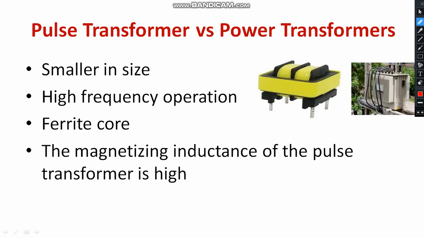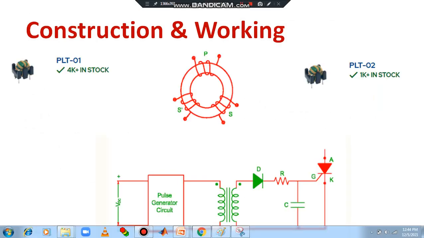Because the pulse transformer ensures high frequency operation, a ferrite core is convenient for it, whereas in a conventional transformer the silicon steel core is suitable for low frequency application. One more important thing, the magnetizing inductance of a pulse transformer is very much higher compared to the conventional type of transformer. So these are the major differences between a pulse transformer and a conventional transformer.